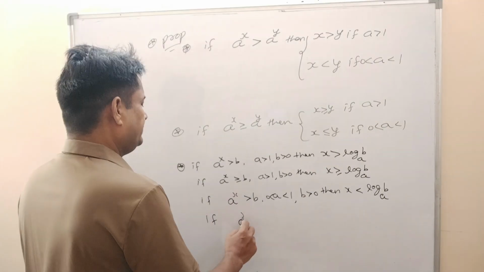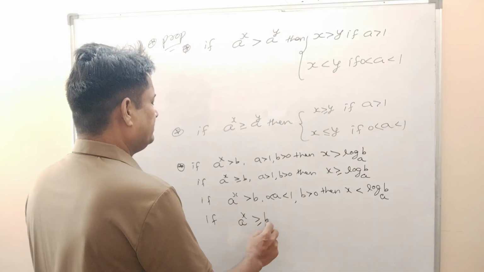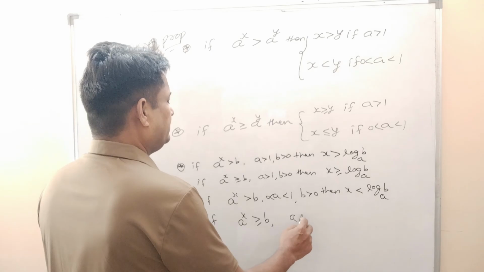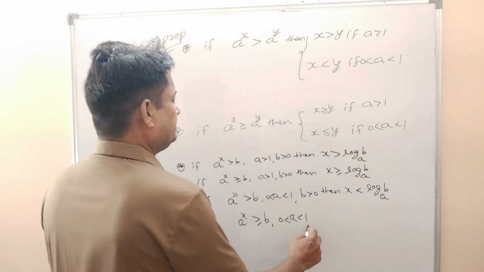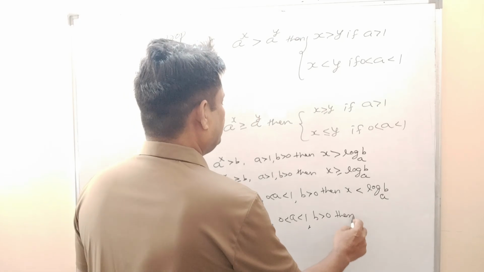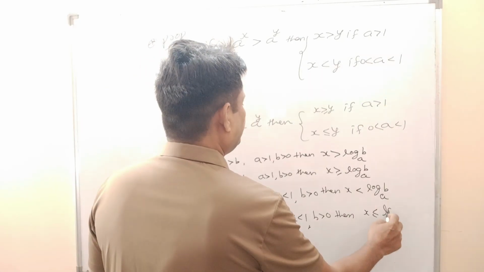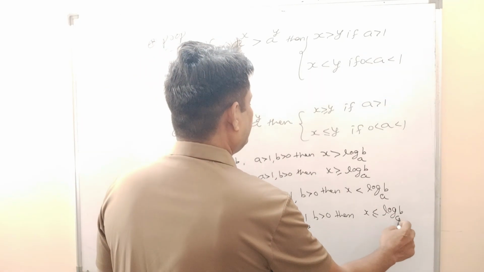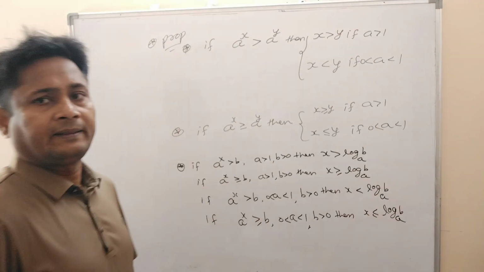If a to the power x is greater than or equal to b, a lies between 0 and 1 and b is greater than 0, then x will be less than or equal to log b base a.